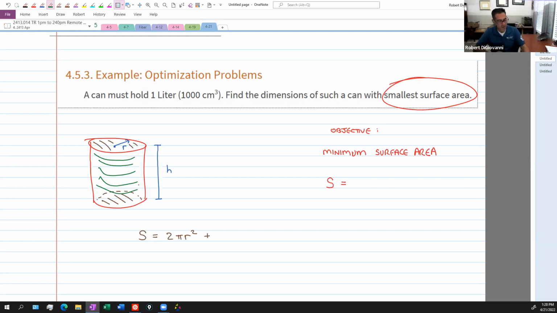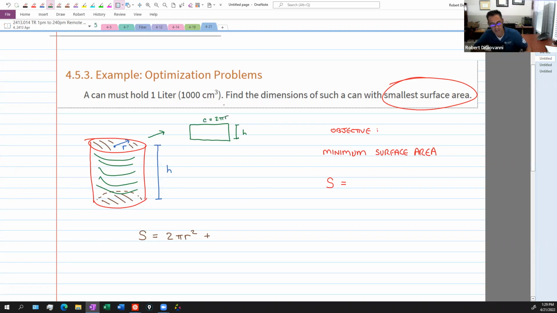If we lay it out flat like this, the distance from here to here is still the height. But the length of it is actually the circumference of the circle, the distance around the circle, because when you lay it open, that's how long it is. So this should be the circumference of the circle, which is 2 pi r.